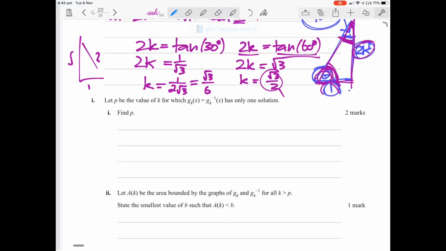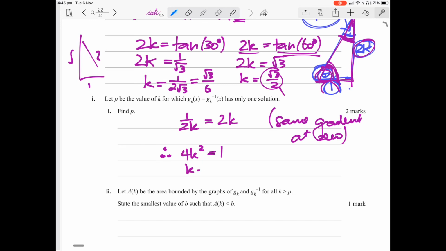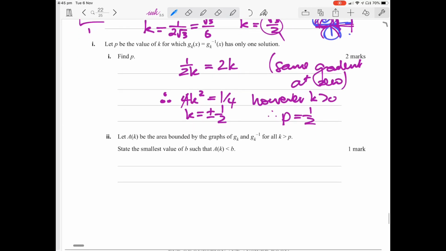So we know that 1 on 2k is equal to 2k, i.e. same gradient at 0. So therefore, 4k squared is equal to 1. K is equal to plus or minus 1 on 2, because I've divided that 4 across, then square root it. However, k is greater than 0, so therefore p is equal to a half. So when p equals a half, that's the value of k for which there's only one solution.